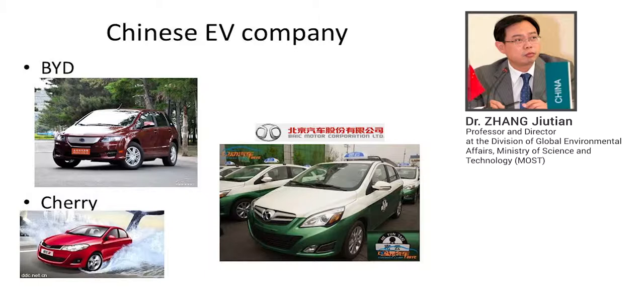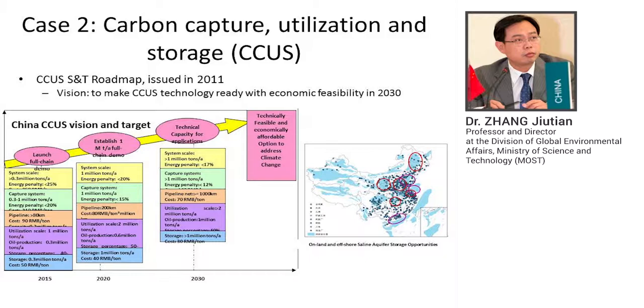The second case I'd like to introduce to you is about CCUS. As you may know, the EV is a low carbon technology, but somebody always criticizes that the electricity the car uses comes from the power plant. If the power plant is not low carbon, then the emission is still there.